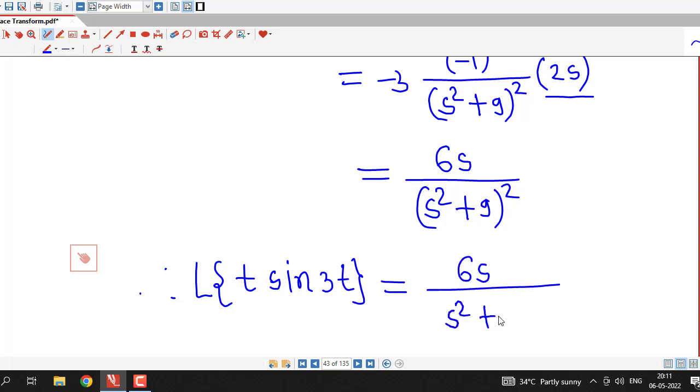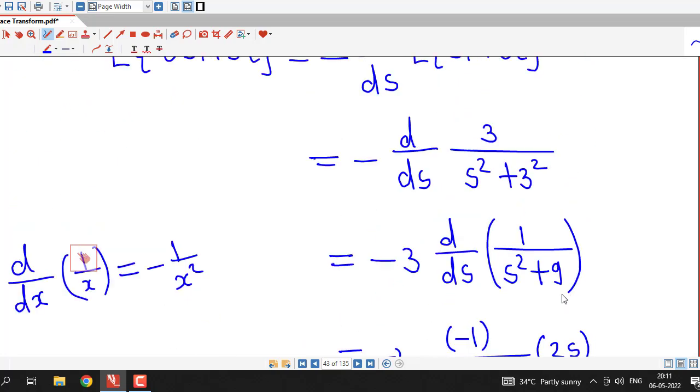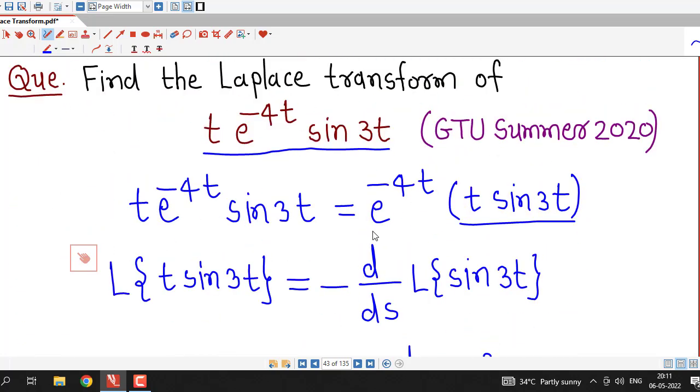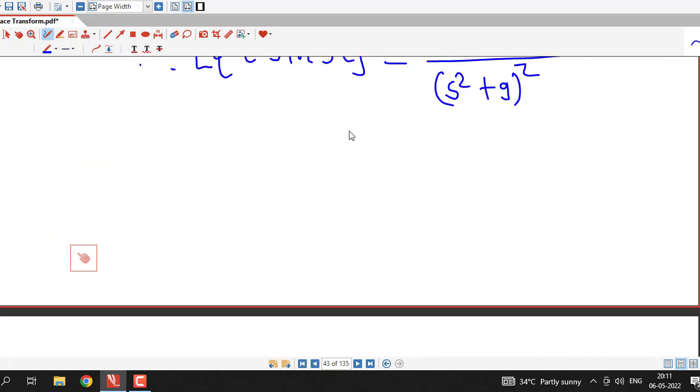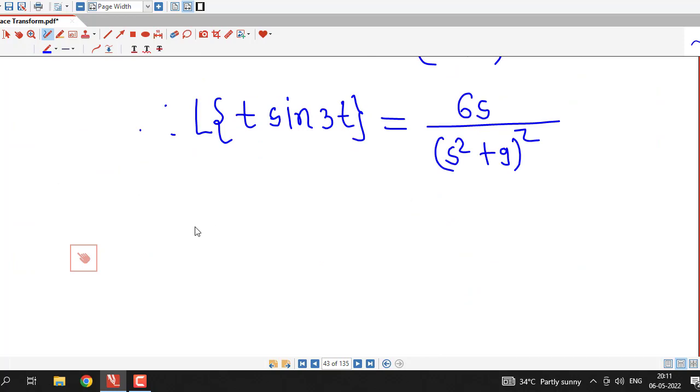And we have in the product e raised to minus 4t. So we have obtained Laplace transform of t sin 3t, and now using first shifting theorem we find out Laplace transform of this function multiplied by e raised to minus 4t.